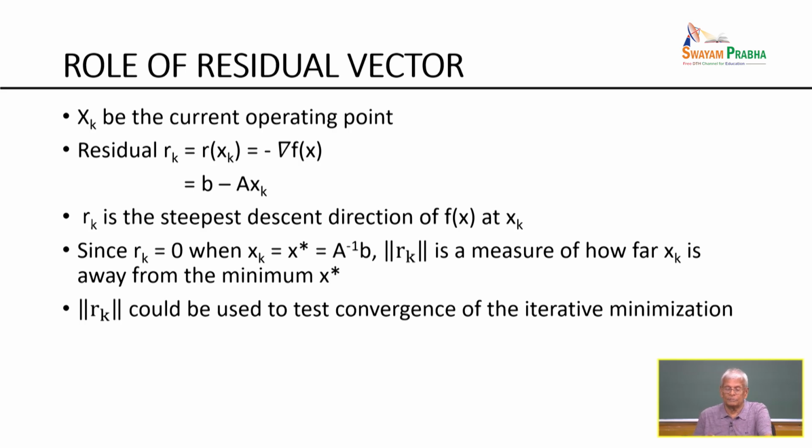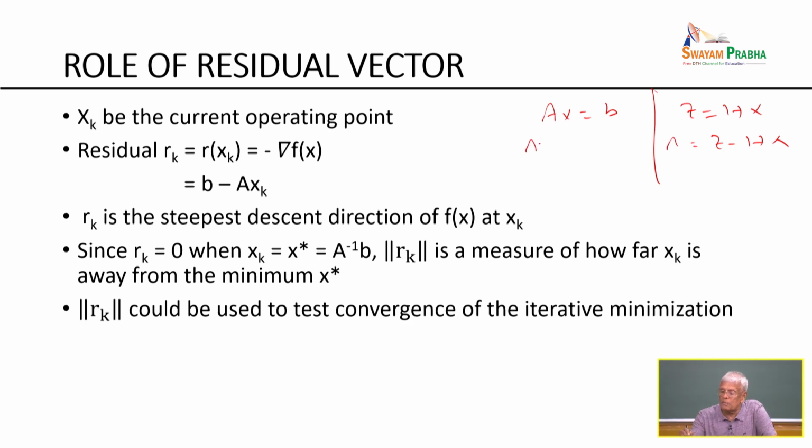When z is equal to h of x, we call the residual r to be z minus h of x. Please understand, for the quadratic function, the minimum is attained at Ax equal to b. So, when x is equal to x star, at the minimum Ax must be equal to b. If Ax is not equal to b, I have to measure the difference by a residual.